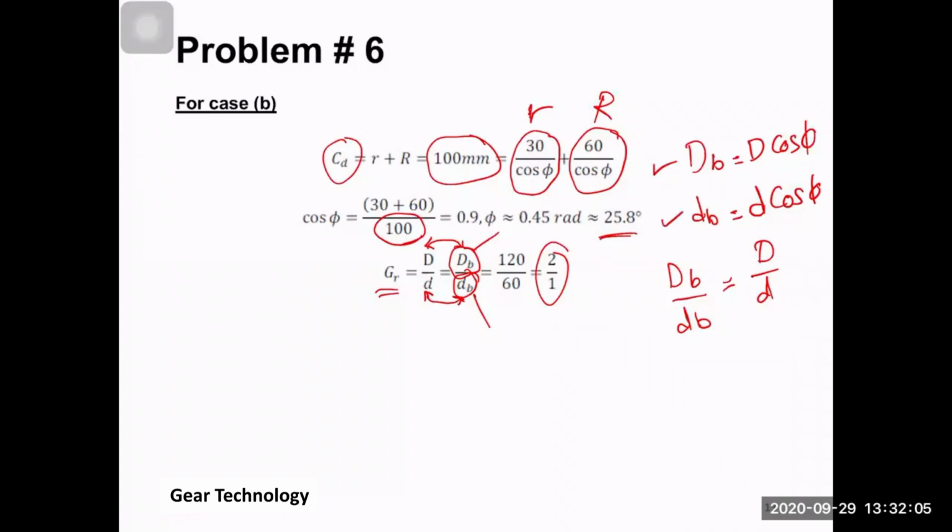We did not change them. So the gear ratio is going to be fixed. It means that any error in the center distance does not affect the gear ratio, which is a very important feature of this involute curve profile.